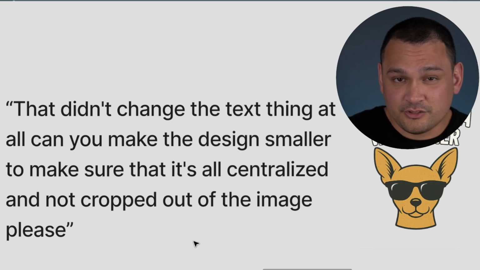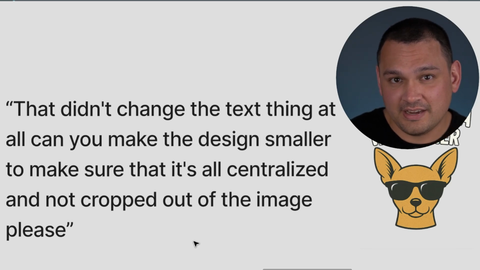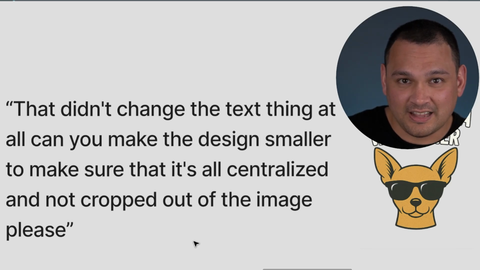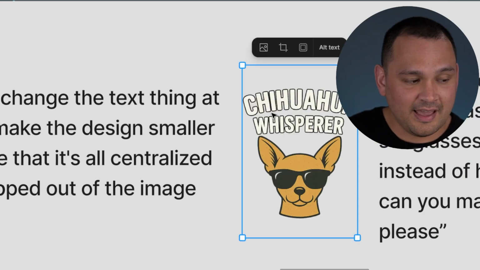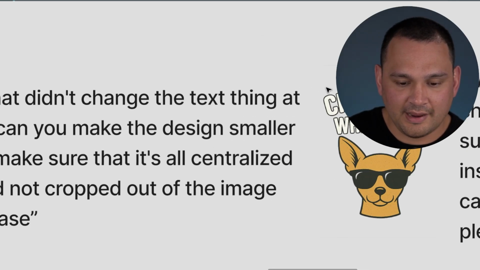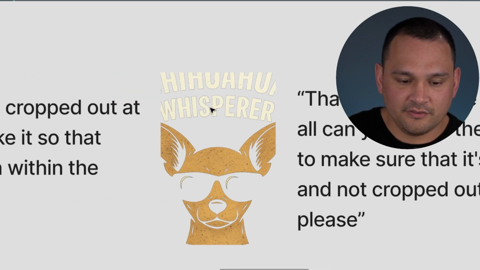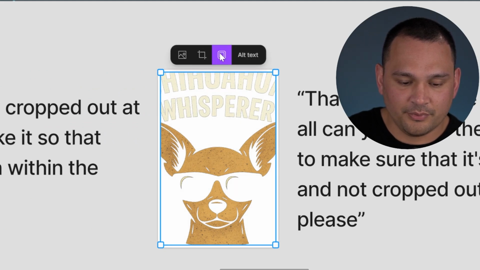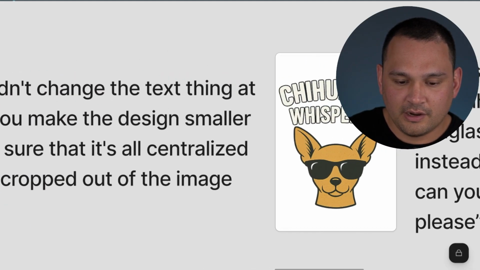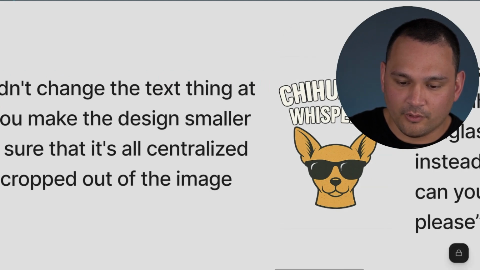So what I did was I told ChatGPT to shrink down the design in order to make it less likely to be cropped. And that did fix the issue of the cropping. If you look at how big it is in the size of the rectangle, it is significantly smaller. It doesn't take up the whole rectangle. However, it is at least not getting cropped out anymore.